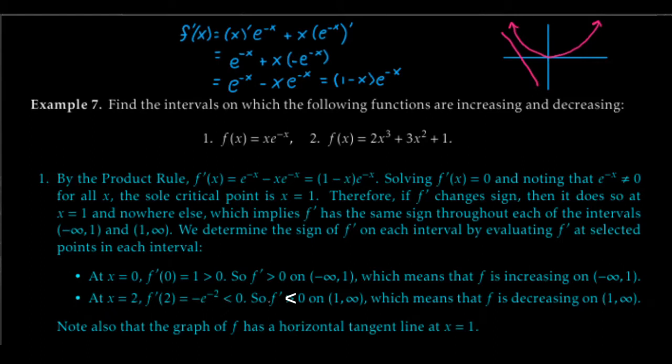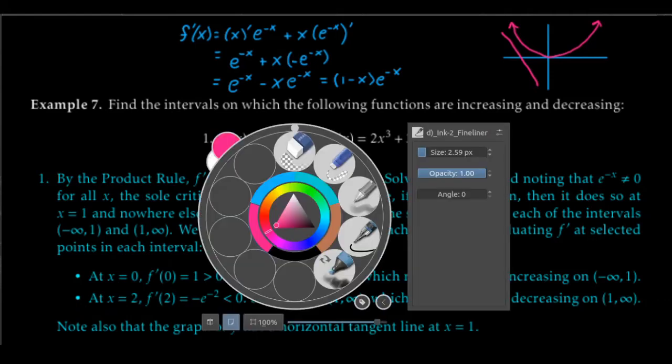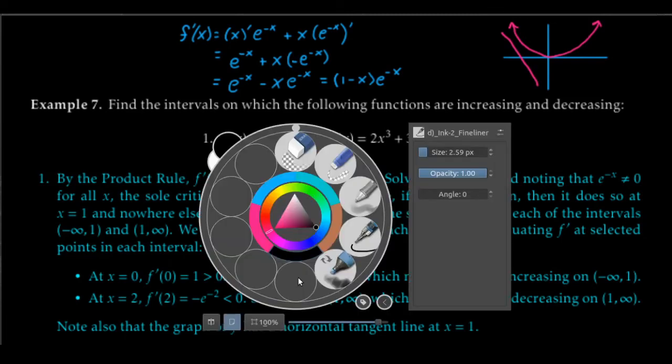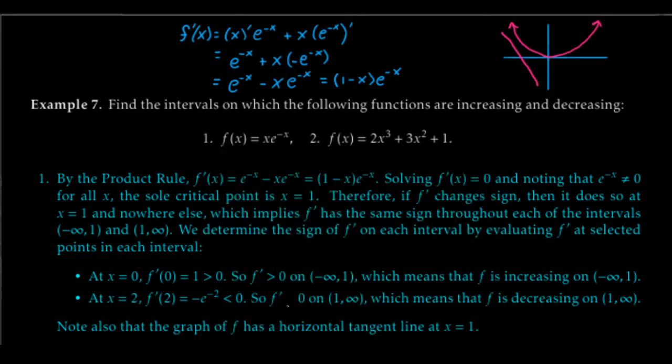All right, so f prime is, oops, I think I wrote this backwards there. There we go. f prime is less than 0 on the open interval from 1 to infinity. This means that f is decreasing on that interval for exactly the same reasons we just talked about.